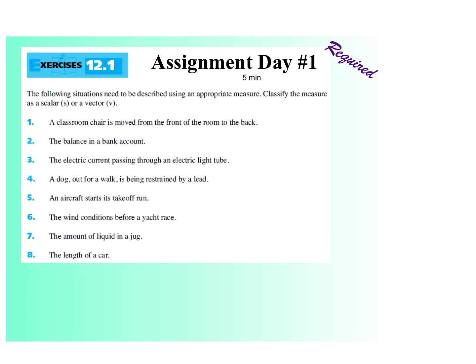Would there be something about it that you could quantify with a number, like the weight of the chair? Yeah. The speed you move the chair at. Yep. So I call this one a vector. The balance in a bank account. It's just a number, isn't it? So what's that? A scalar.